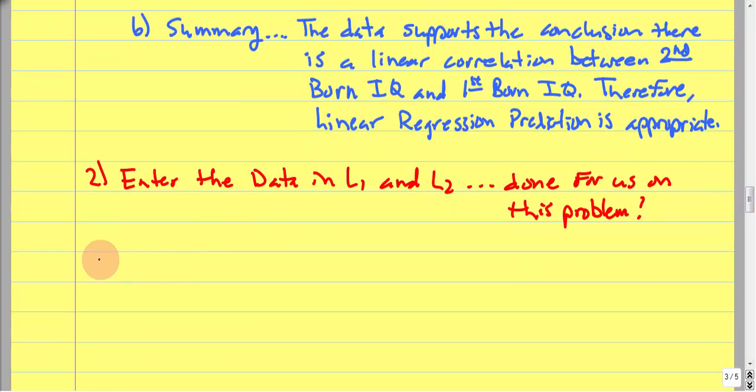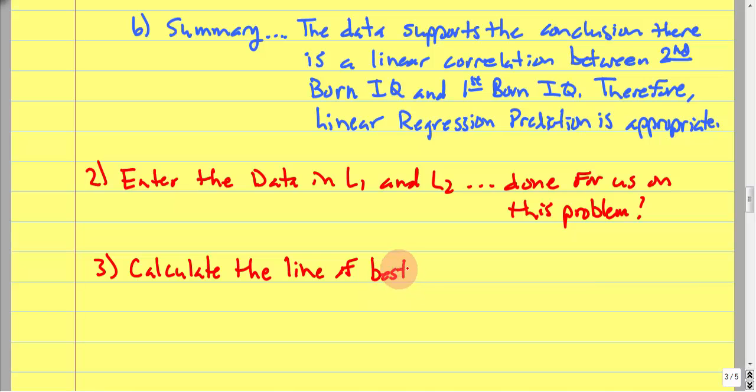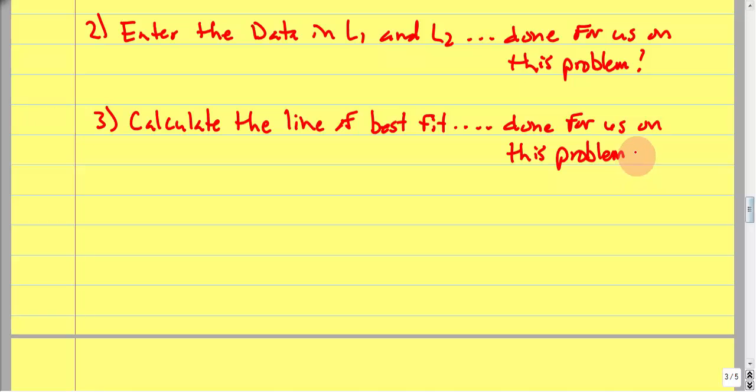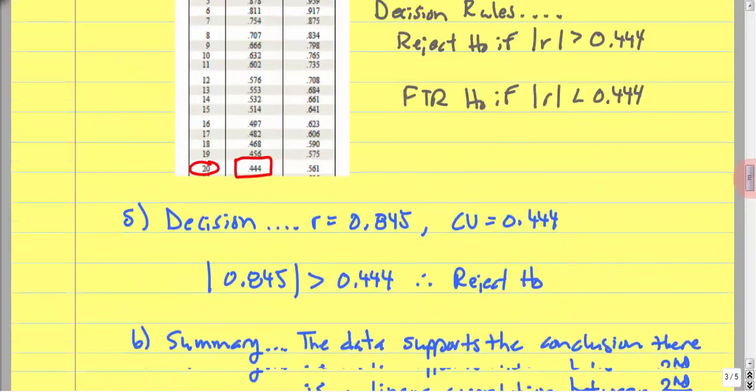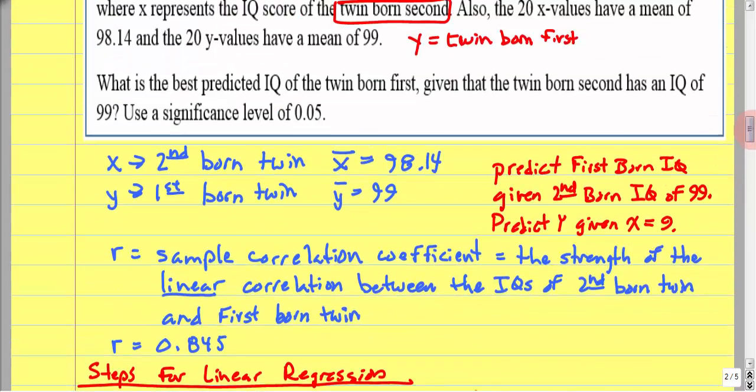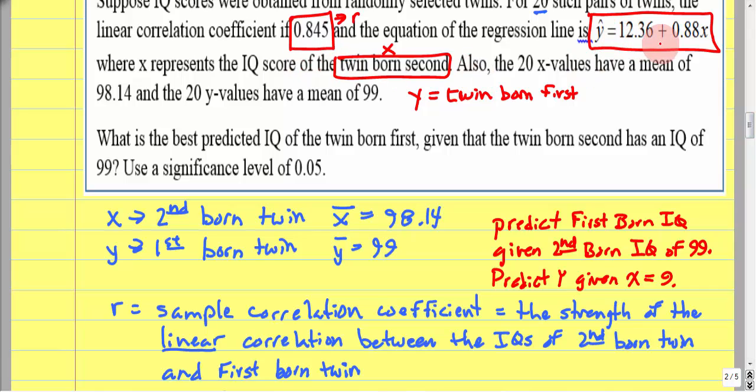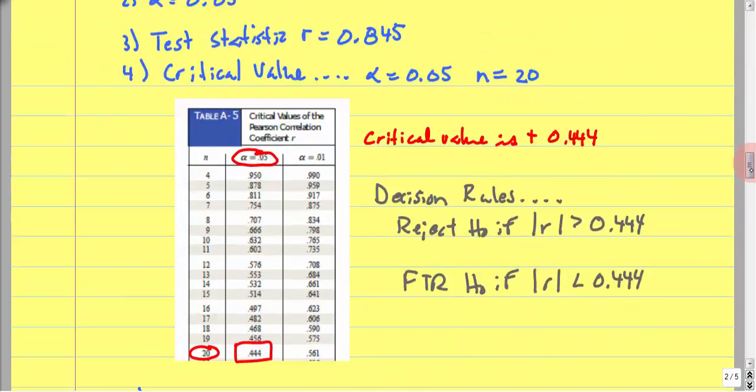Step 3 would be to calculate the line of best fit. In this example, this is done for us as well. They give us the line of best fit to be y hat equals, and this was given in the original problem, 12.36 plus 0.88x.